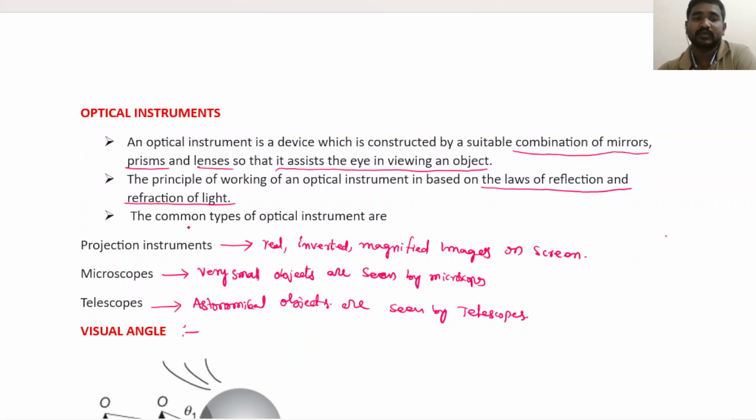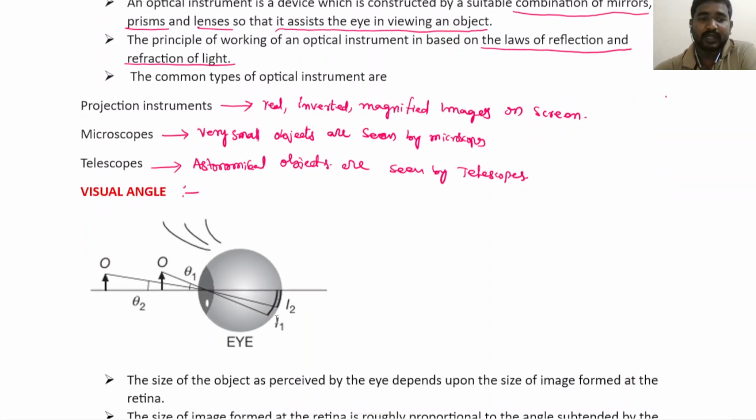Before going to discuss the optical instruments we need to know about the visual angle.